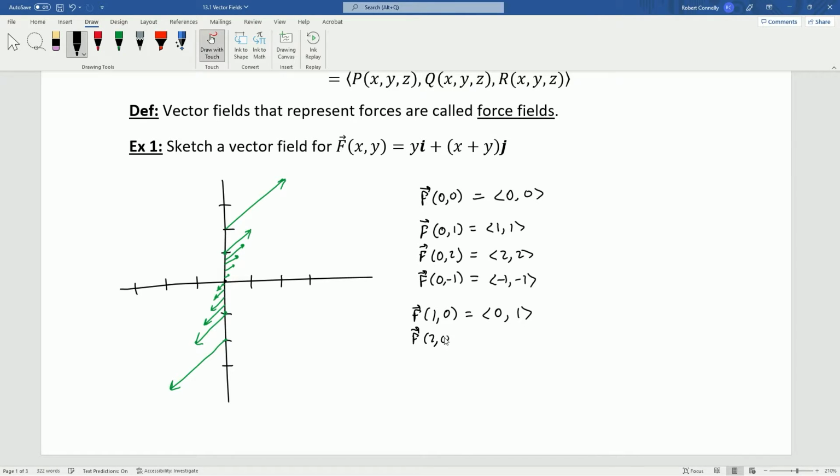And now when x is 2, we get 0, 2. And let's go with -1 and -2. So that gives us 0, -1 and 0, -2.